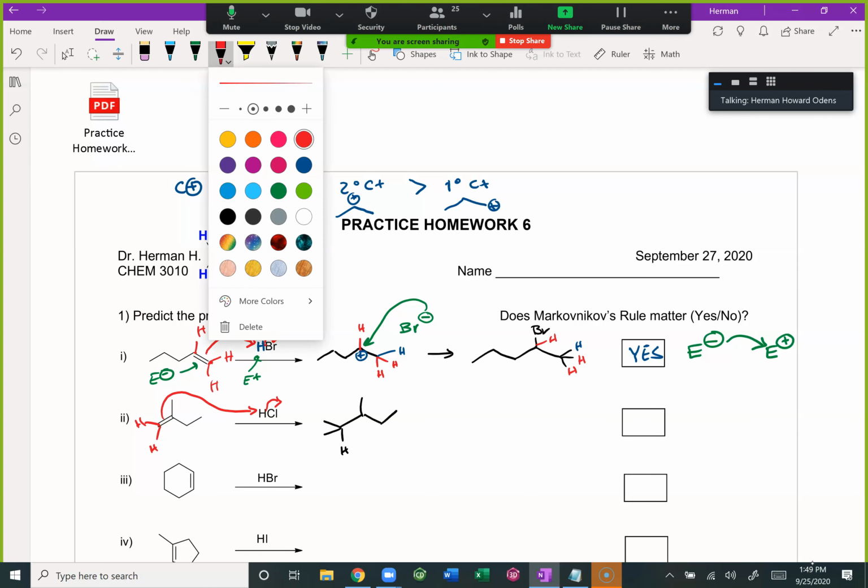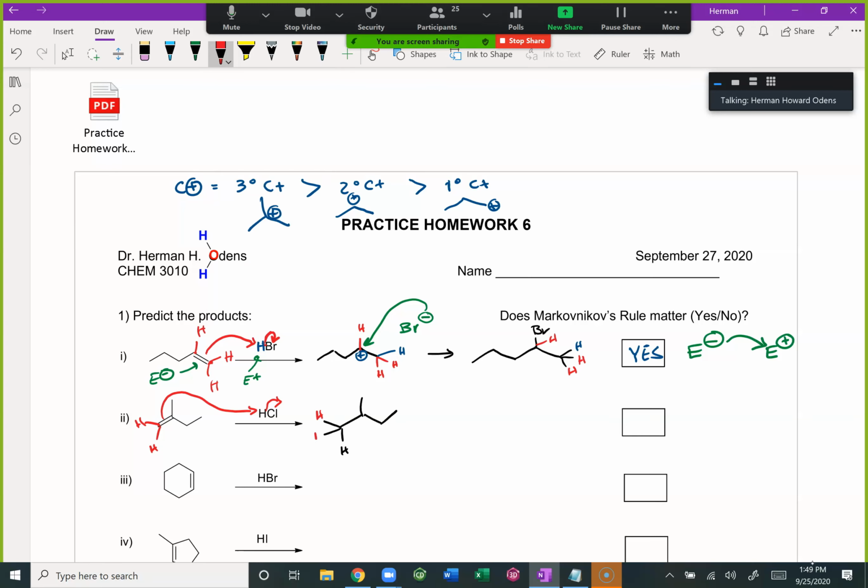You have the 2 that were originally there, and now your plus is here. So this is a tertiary carbocation. It's very stable, and it's stabilized because this group stabilizes the charge. The H's want to participate and donate electrons, and that's what increases stability.